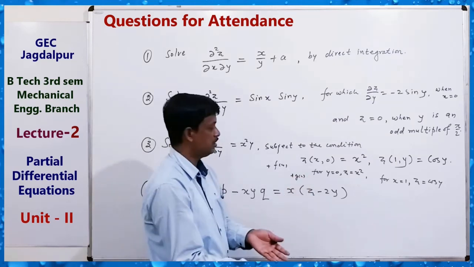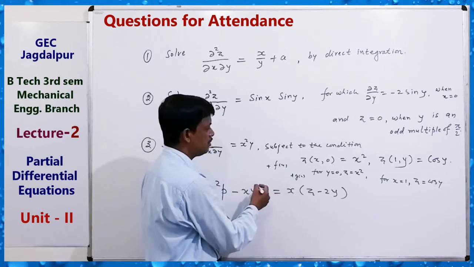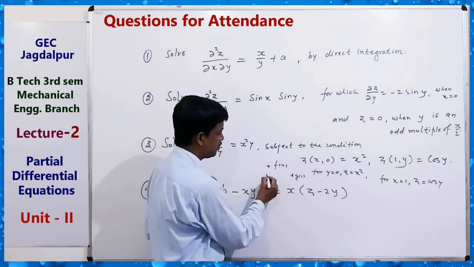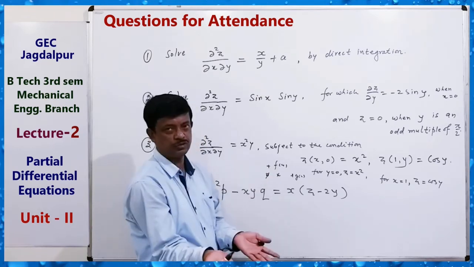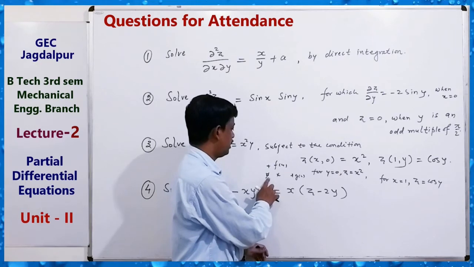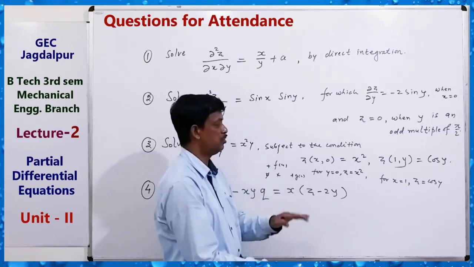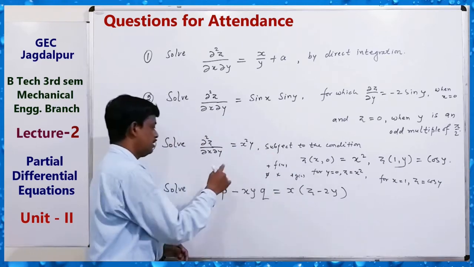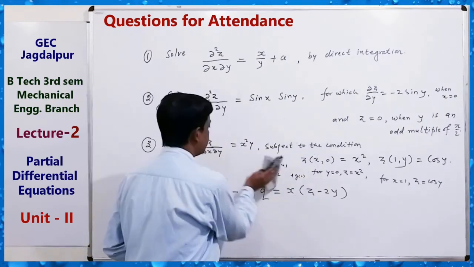Now we have to find g(x) and f(y), or finally we can write the solution as a function of phi and psi, because for second order two functions will be there. Use these two conditions, you can get the values of phi and psi, and then put the values of phi and psi in the final equation, then you can get the solution. Okay.